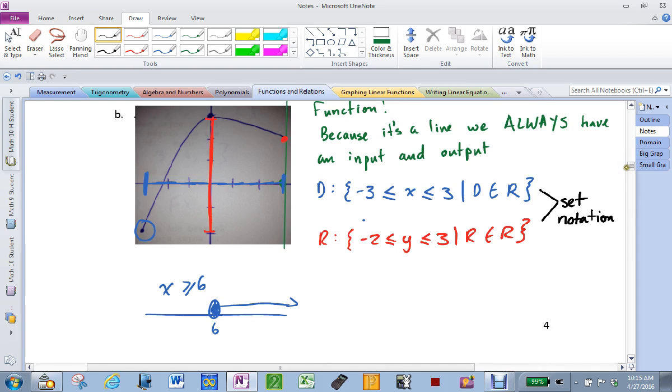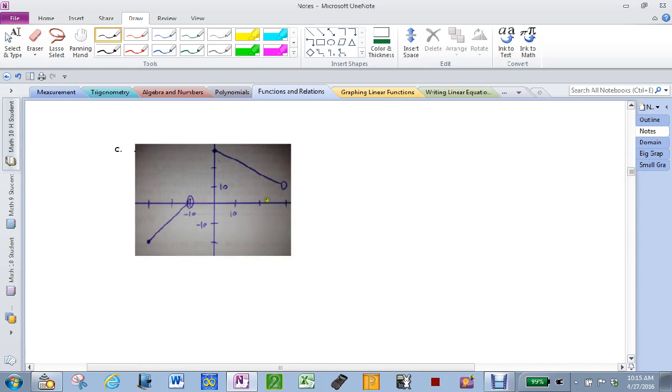So what we're going to do with C is I'm going to ask you, and notice I haven't told you yet, what do you think is the domain for this and the range for this? Try to write it in set notation. Don't worry about the restrictions. Just try to get the numbers and the greater than and less than signs, okay?